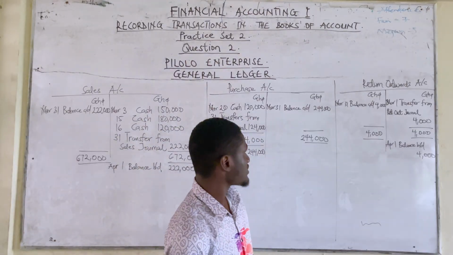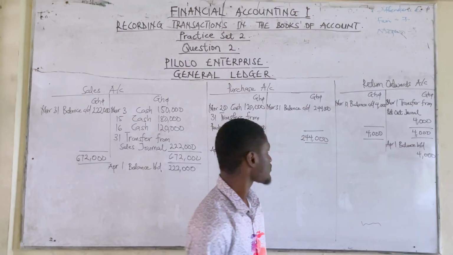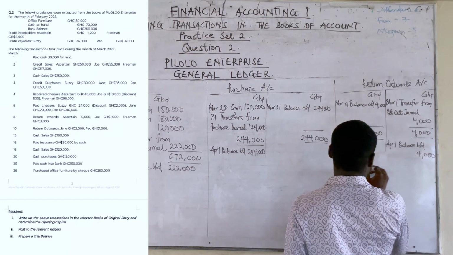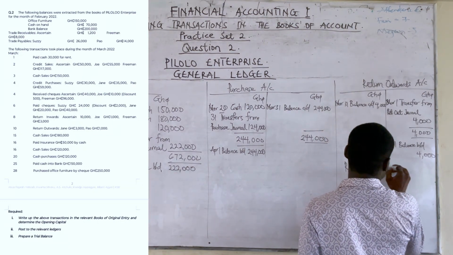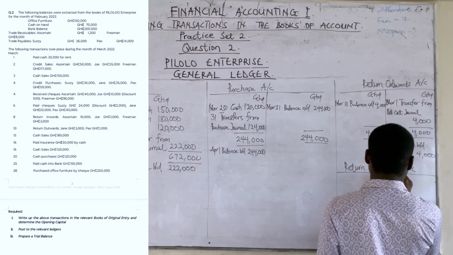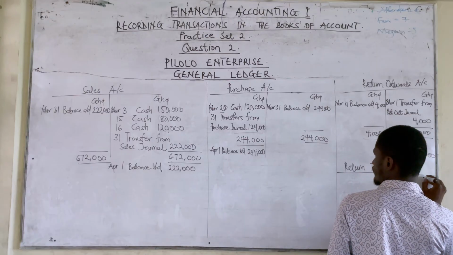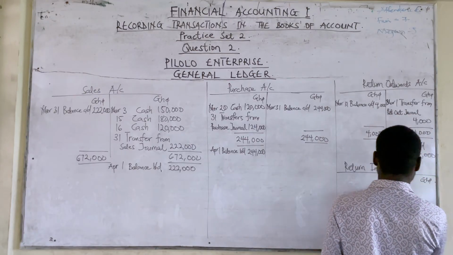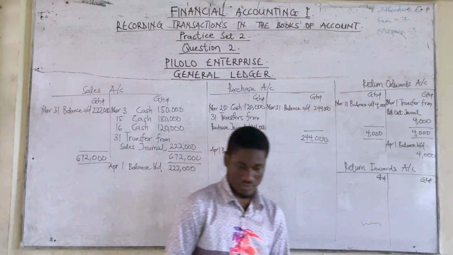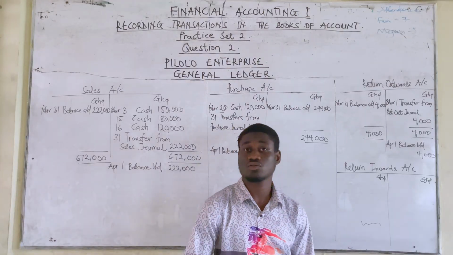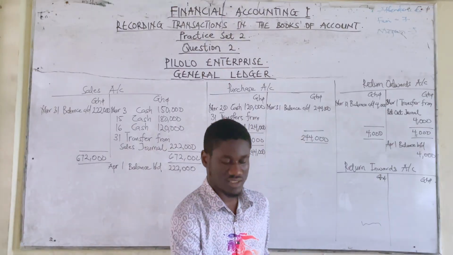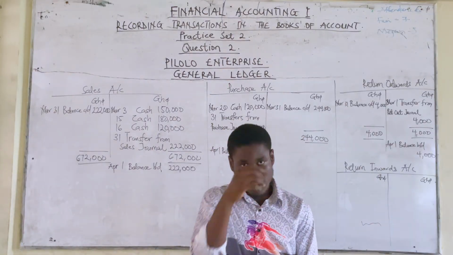Good. So we move on to the returns inward account. With the returns inward account, we are going to report the transactions that involved returns inward. And we know that these transactions have been dealt with in the returns inward journal.